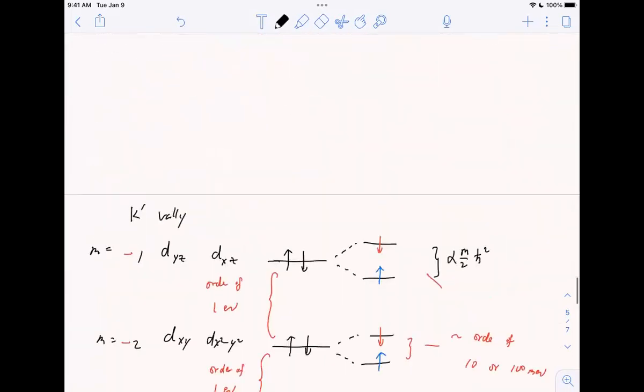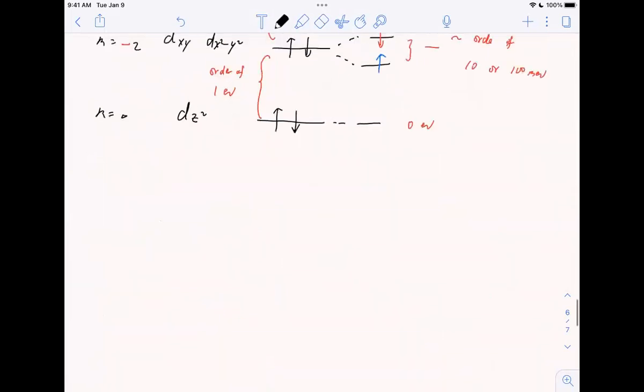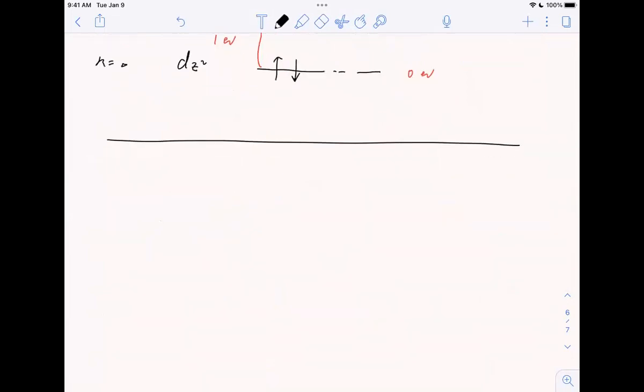So why do we separate them? Before we go to the spin flipping term, let's consider when you have a band structure, the transformation of the wave function. Suppose you have an inversion symmetry. Then let's say you have a wave function spin up at the K point.